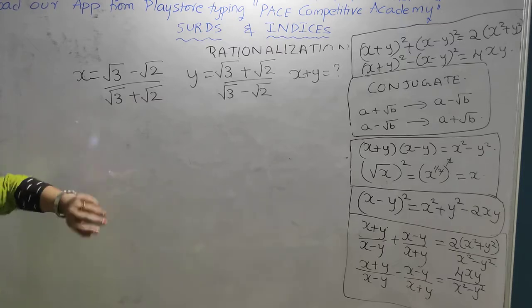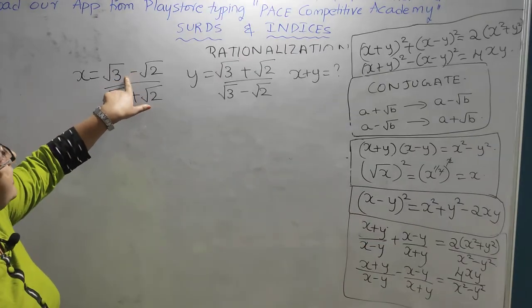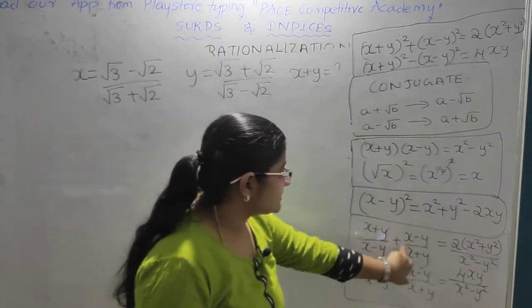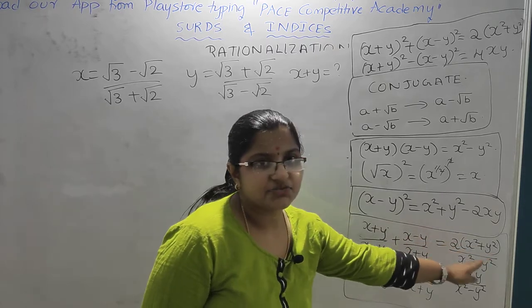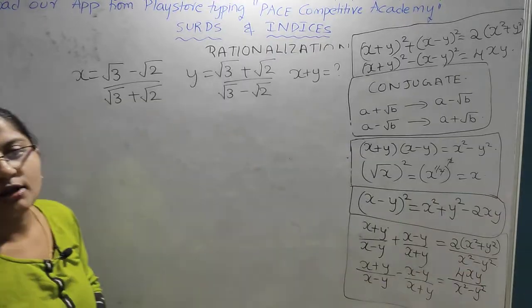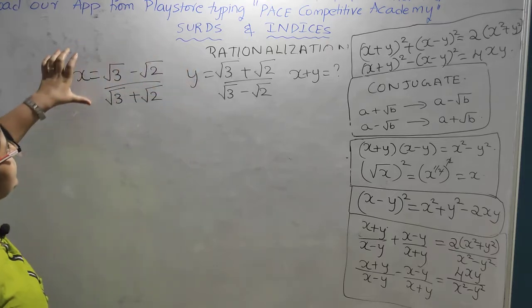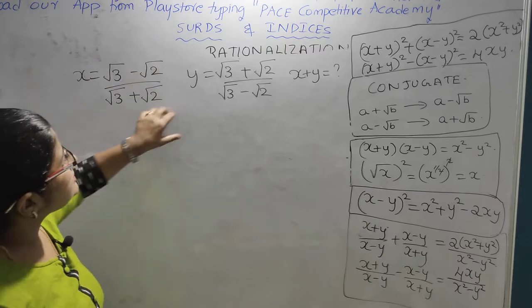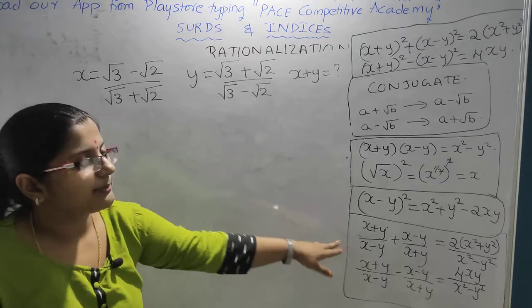If the expression is of the form (x plus y) divided by (x minus y) plus (x minus y) divided by (x plus y), then we get 2 into (x square plus y square) divided by, always, the denominator of the form x square minus y square. Here y is the reverse of x, so both are reverse to each other. So we can apply the shortcut.